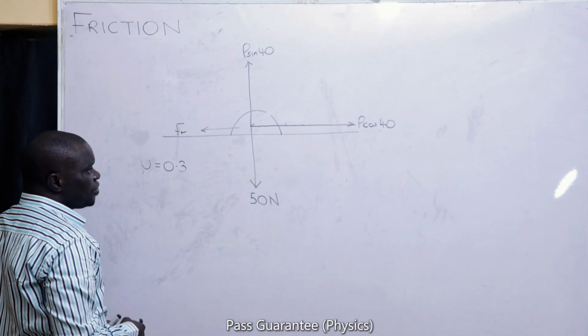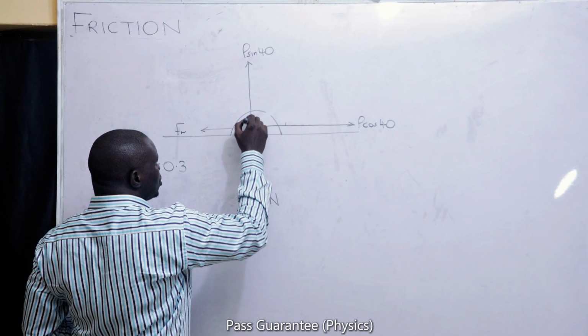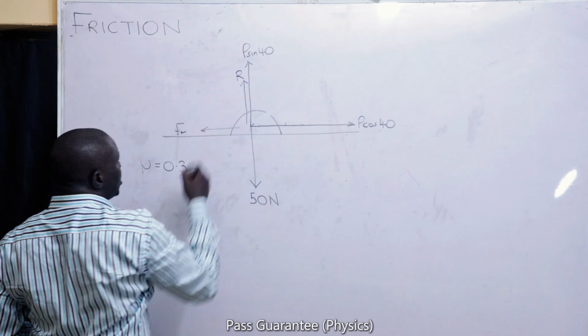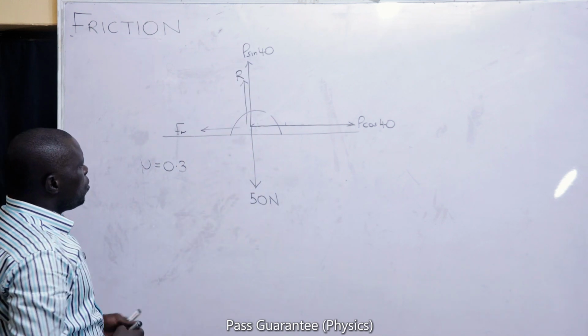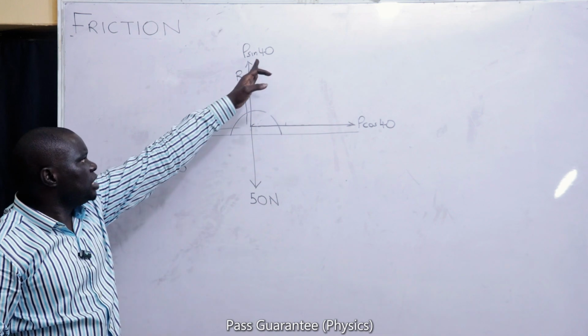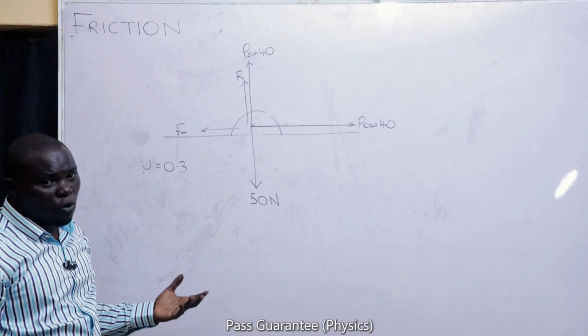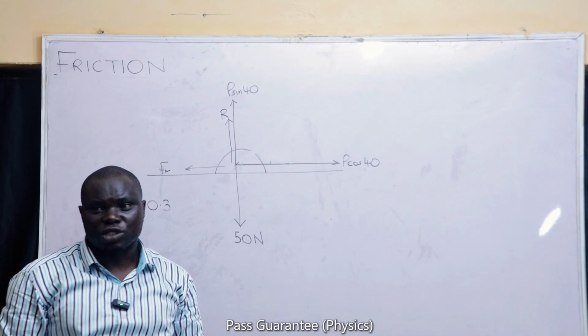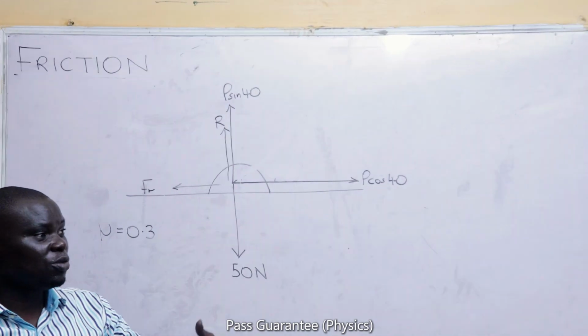There's one more force that I have not shown. That's the normal reaction. So I'm going to show the normal reaction in the direction that it should be. The question now is, why should the normal reaction be this? I thought the P sin 40 should be the normal reaction. No. A force that is not normal reaction cannot be the normal reaction. It can take the position of normal reaction, but normal reaction will still be there.